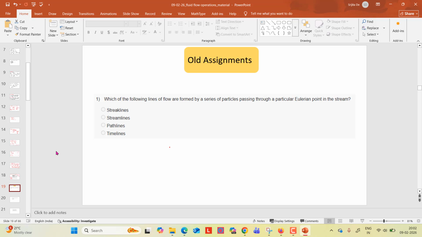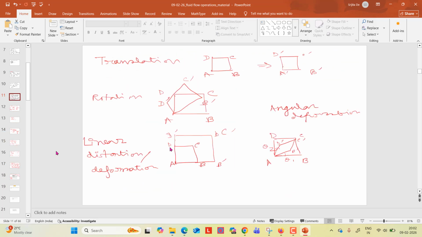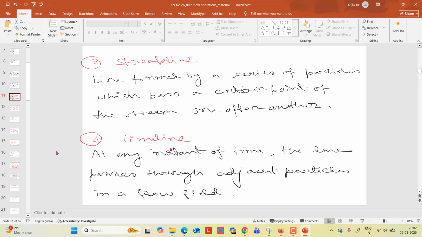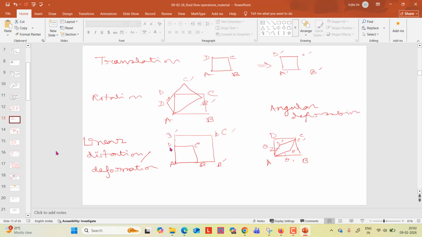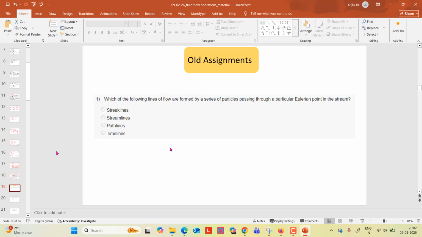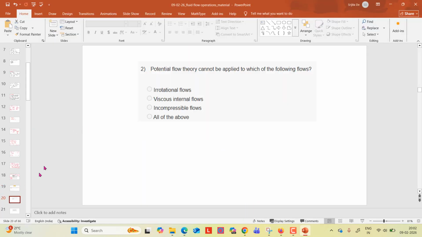A path line is the trajectory of a single particle. So the streak line is, if you go through the definition, the line formed by a series of particles which pass a certain point of the stream one after another. So this definition matches the streak line. Okay. Next.